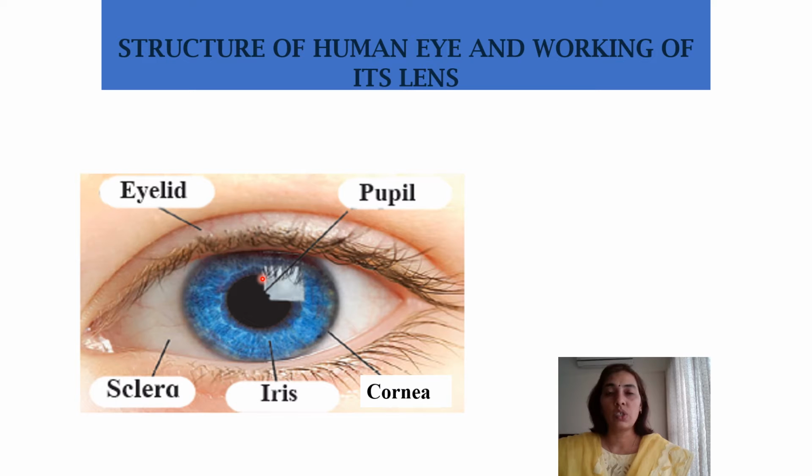Now you all must have experienced this: on a bright day, when you go out and the sun is shining, you find that the pupil becomes small in size because there is a lot of light, and such an amount of light is not required by the eyes. So the pupil becomes small.